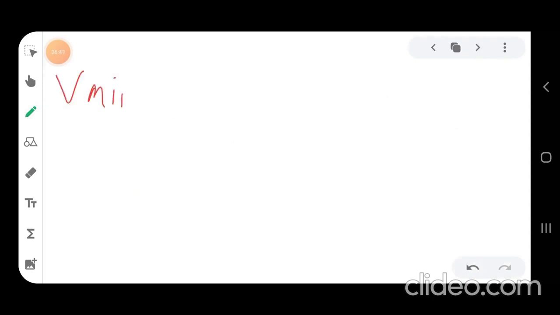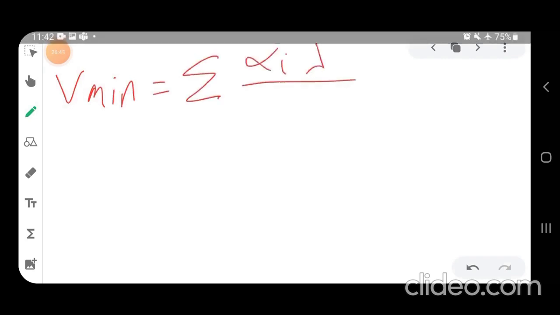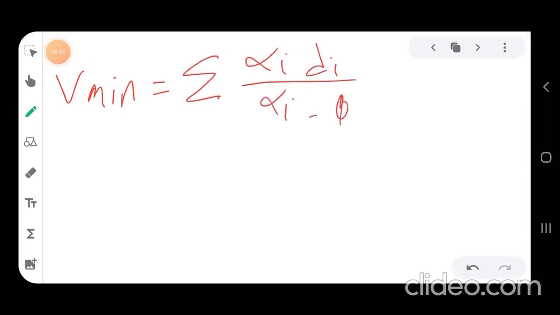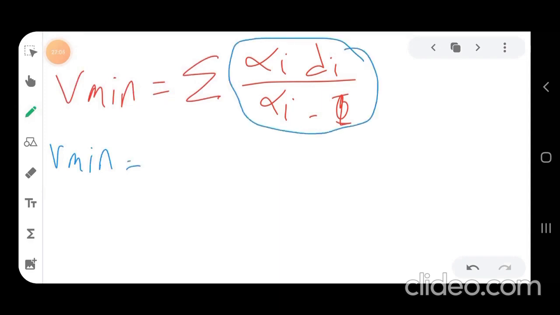And what's this second Underwood equation? It says that V minimum is equal to the summation of alpha i di over alpha i minus eta, or phi. So we can expand this summation and substitute directly. We will start with the light non-key, then the light key, then the heavy key.